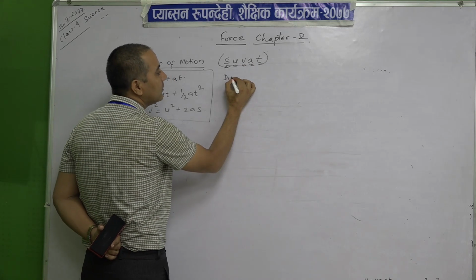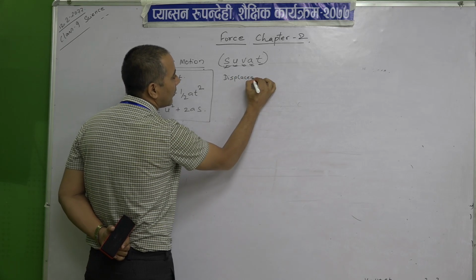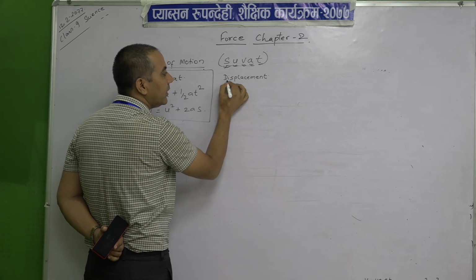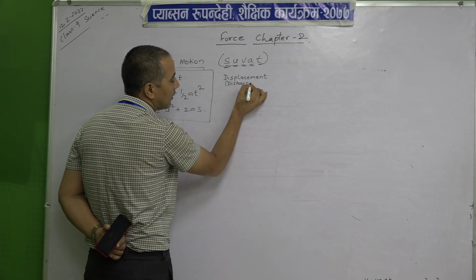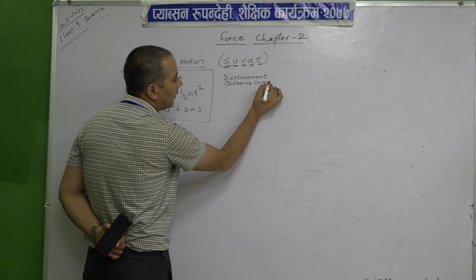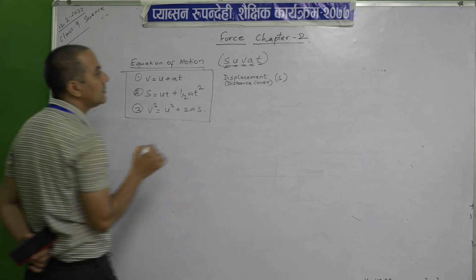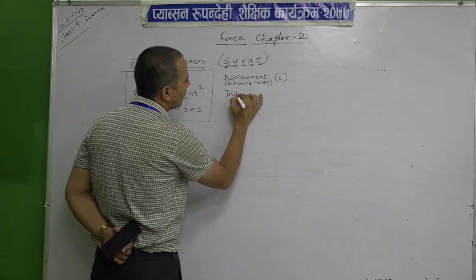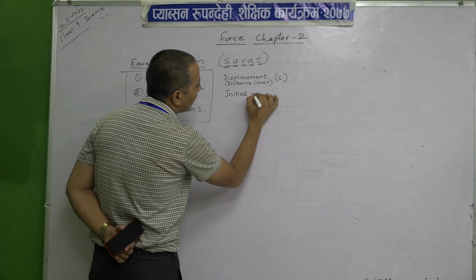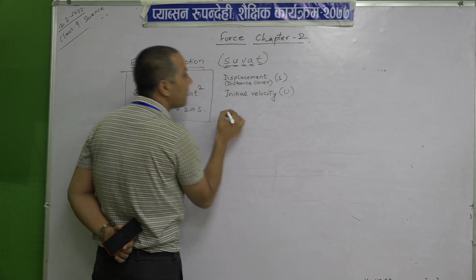Displacement or the distance, mostly written as distance covered, denoted by s. Then initial velocity, that is u.